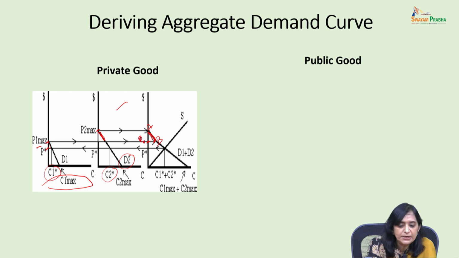But after B, the demand of person 1 and the demand of person 2 both are coming. Hence, you see a kink here. Okay, so the summated demand curve is made up of the demand curve of 1 plus the demand curve of 2.